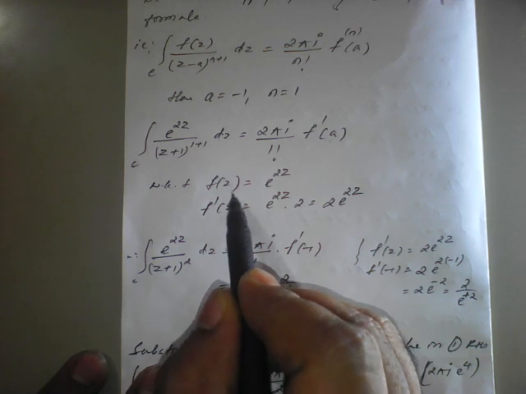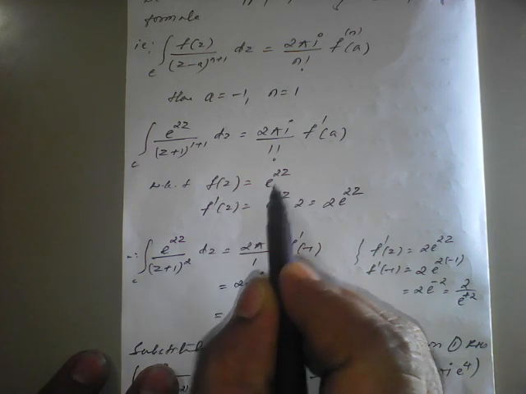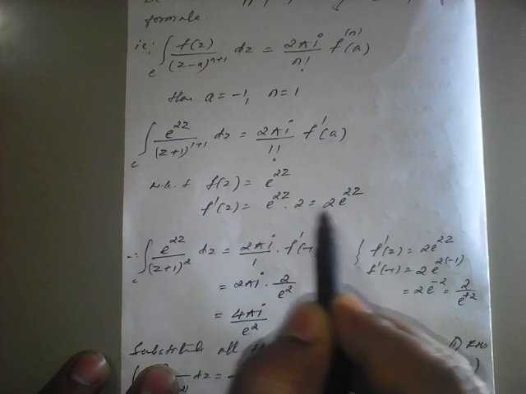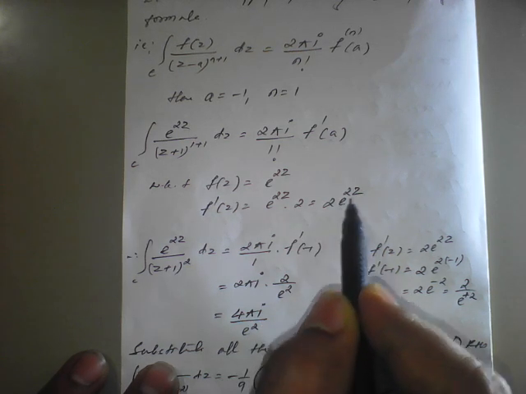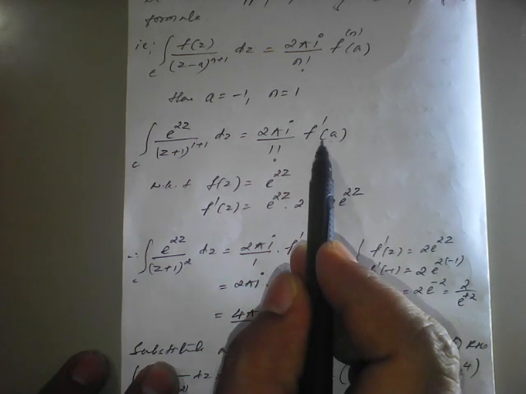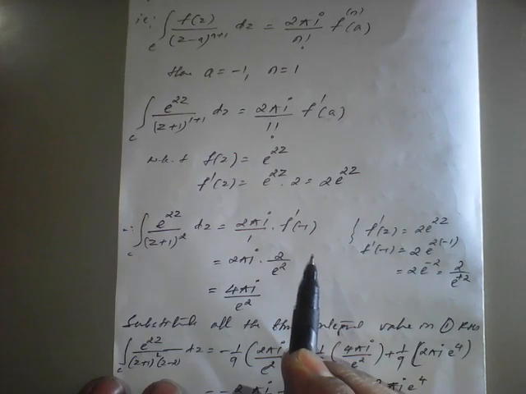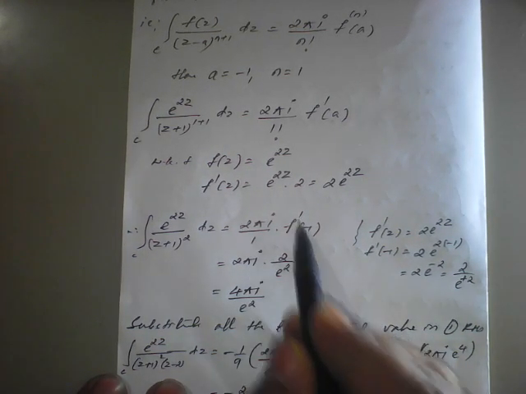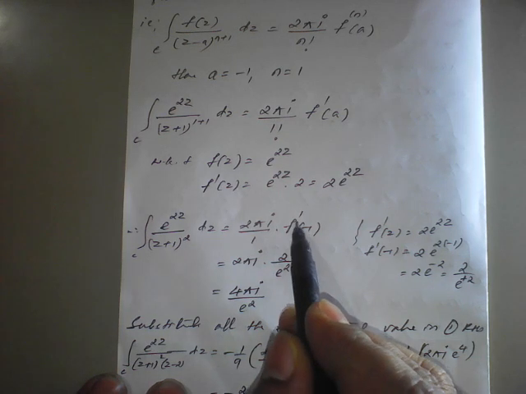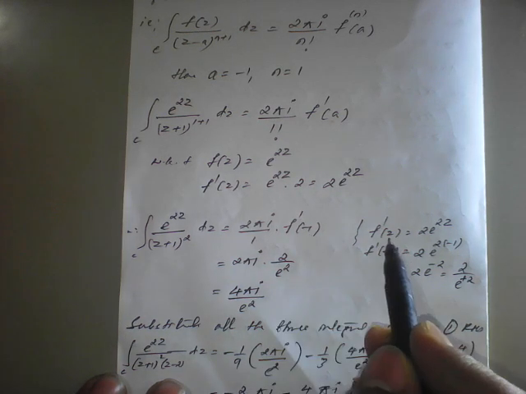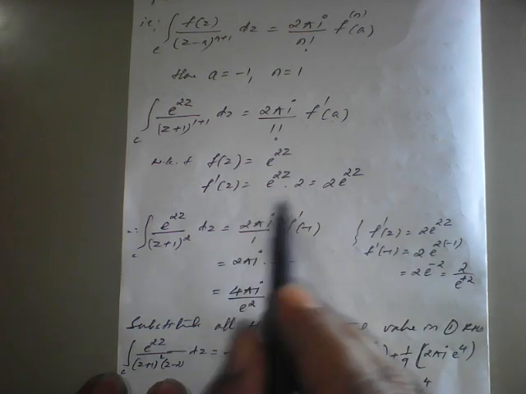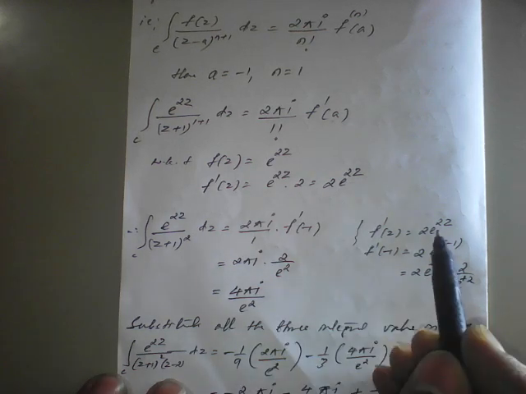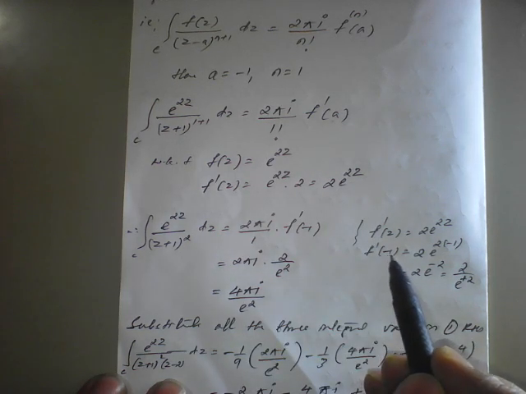So differentiation of f dash of z is what here, e raised to 2z into 2, that is 2 times e raised to 2z. So this value you need to apply here, that is 2 pi i upon 1 factorial is 1, f dash of minus 1, but we need to find what is f dash of z first, already we have taken. So it is 2 times e raised to 2z. Here we need to apply z as minus 1.